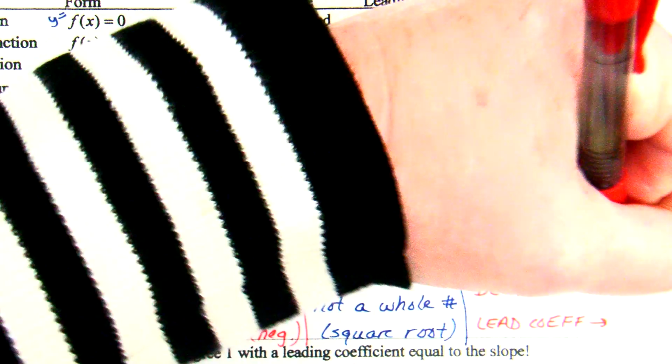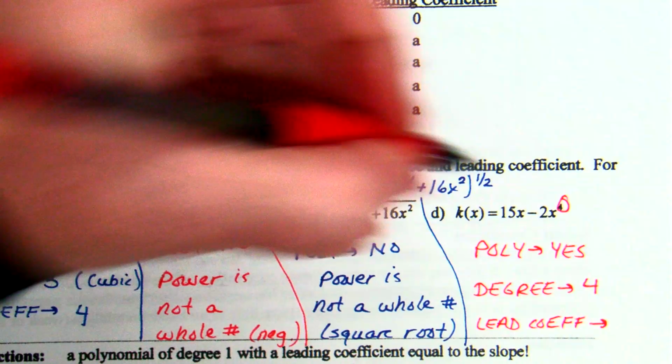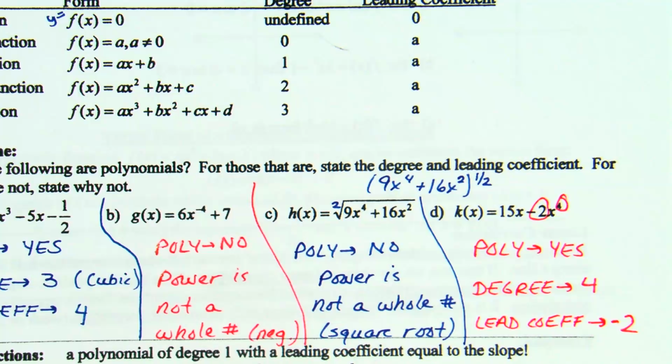So, if the degree is 4, what's that say about my lead coefficient? It's -2 because the lead coefficient comes from the term that has the highest power. Okay, so because the degree is 4, we search for the highest power, right? Highest power is 4. And then from there, the lead coefficient is the coefficient of that term.